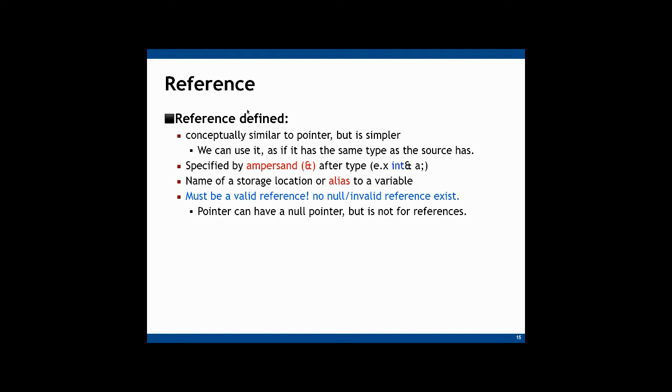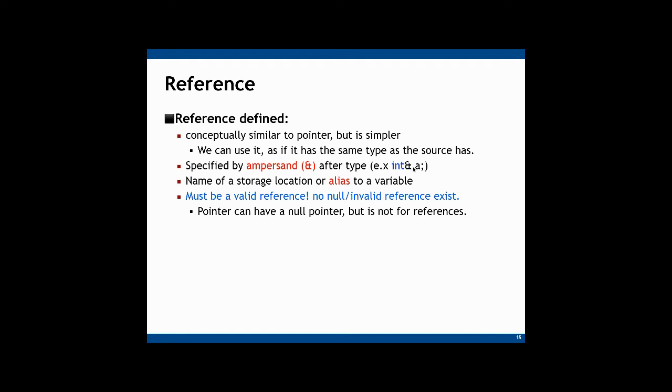C does not have reference types. We can declare a reference variable by specifying an ampersand after the type, like this. And you can think of a reference variable as an alias or an alternative name for a previously defined variable.